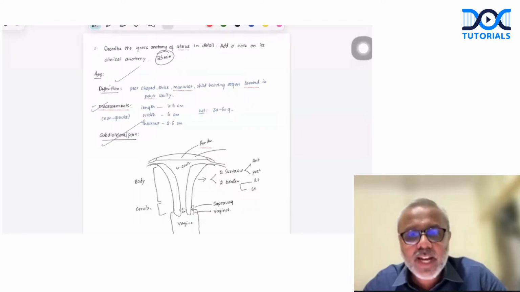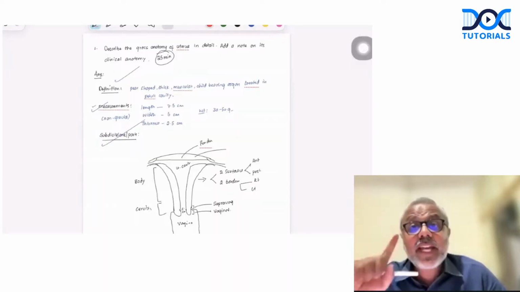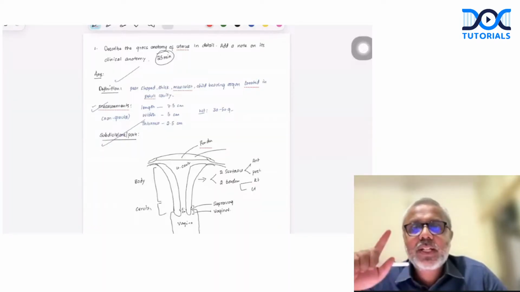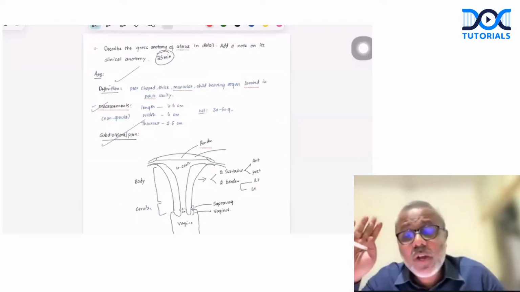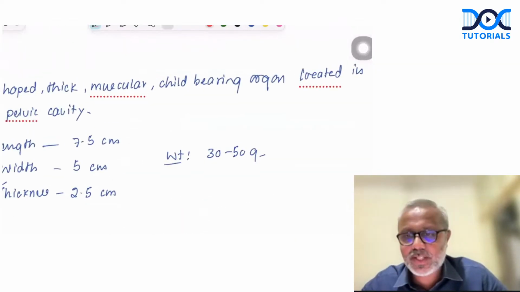Fine. If there are any doubts related to whatever we have discussed till now, you can ask, or else we will close the session here. And Thursday, we will come back with the slides of the small intestine, duodenum, jejunum, and ileum. Next week, we will be talking about the long essay on the supports of the uterus and the ligaments of the uterus. Any doubts?